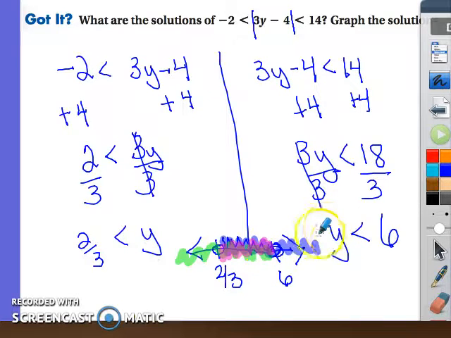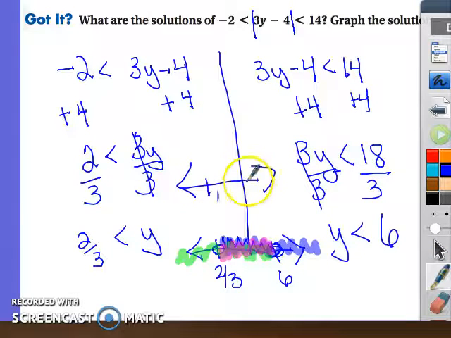You would want to erase any of this. So your final answer is going to be the part between the two, shaded in between. I'm not going to keep this part shaded.